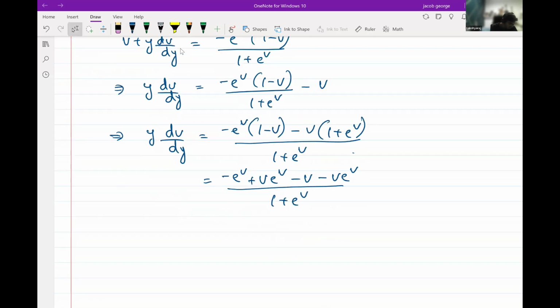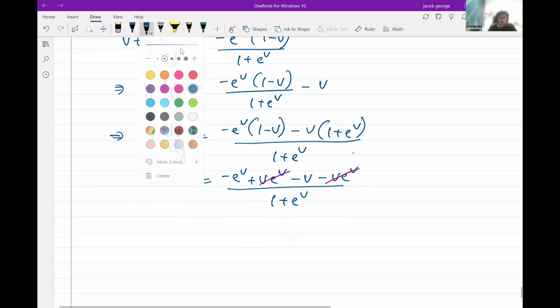Now we can cancel out v e raised to v and minus v e raised to v. Then what do you get?